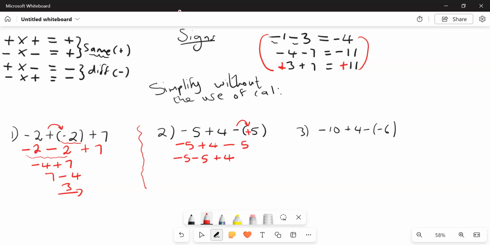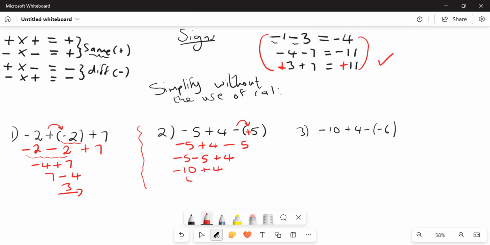So now we are in this condition again. Negative and negative gives us 10, and then we keep our common sign, which is a minus. 5 plus 5 is 10, and our common sign is negative because we have same signs. And then plus 4.